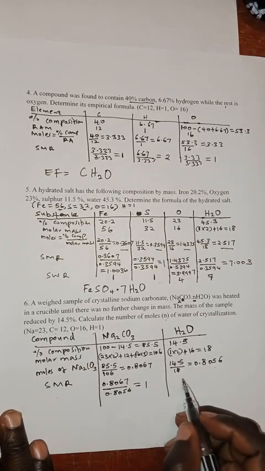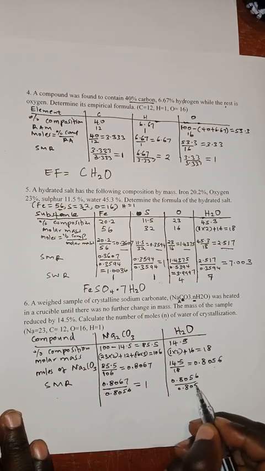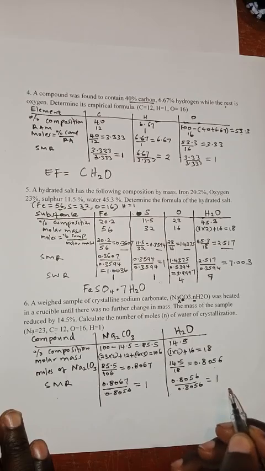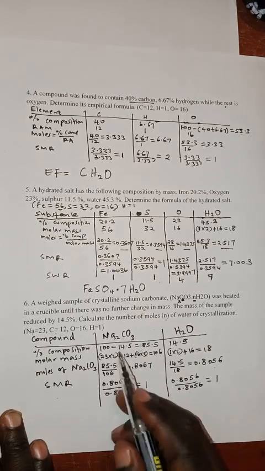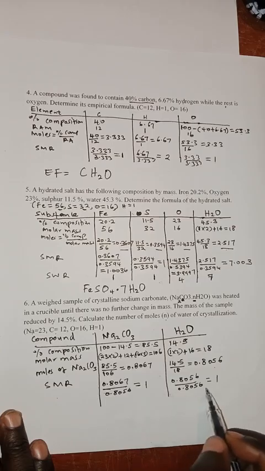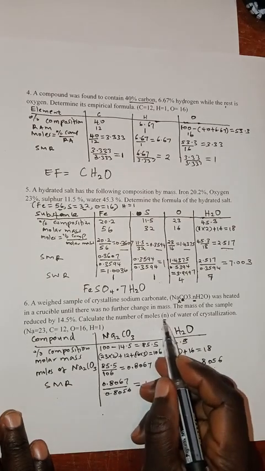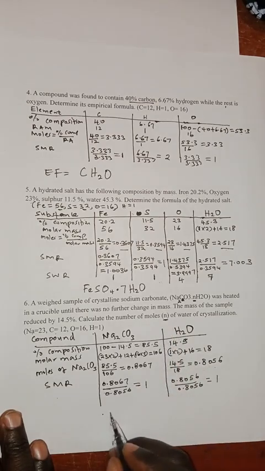And for water, you get 0.8056 divided by 0.8056, and you also get 1. So the ratio in which sodium carbonate and water had combined is 1 to 1. Because the question is to get the value of n, n equals 1.